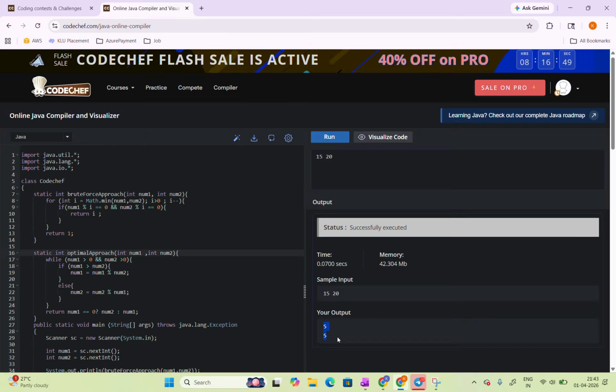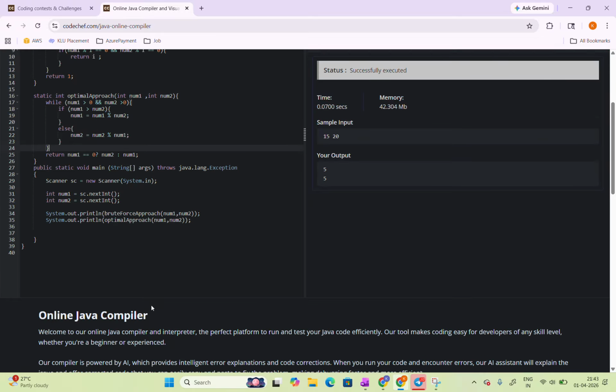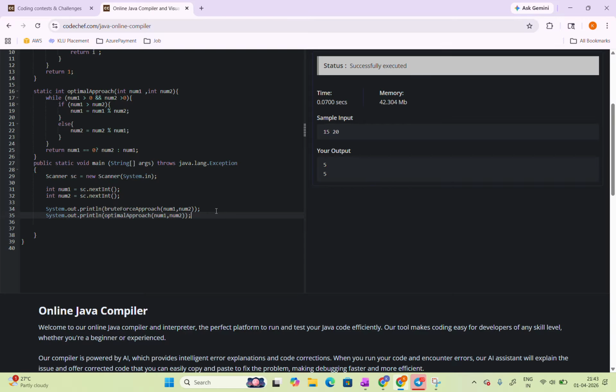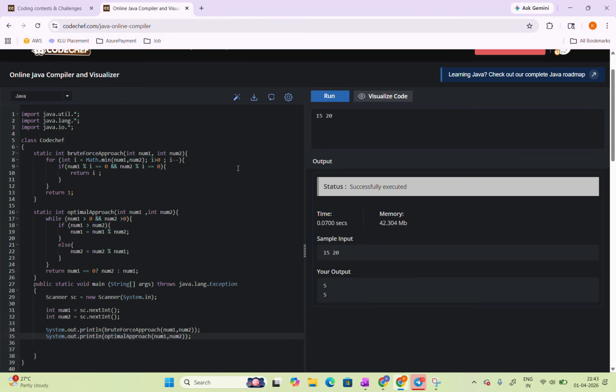Yes, see, we got the output 5 and 5 when calling both the brute force approach and the optimal approach. Whatever I thought in the OneNote, the same thing I implemented here. I think you got my point. What was the brute force approach and what is the optimal approach? This is the Euclidean division method approach. In the brute force, we take the minimum value of the two and keep decrementing, and both should be divisible by the common factor. I think you got my point much more clearly.